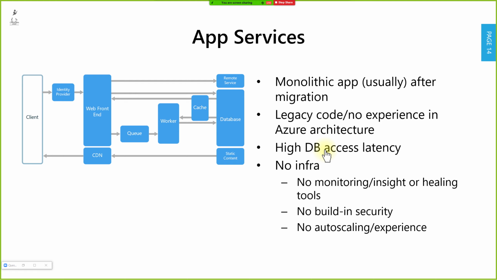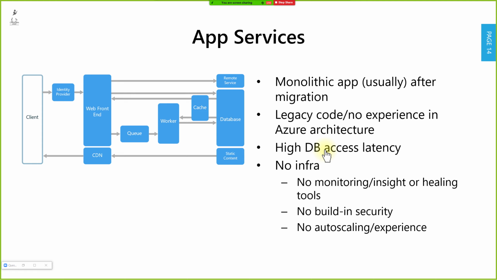Second part, main part, right? It's like application services. When you migrate application services from on-premise or from another platform to Azure, it's usually a monolithic application with legacy code, with no experience of the team on how to work on it, again with high DB access latency because the application works over the public endpoint of the connectivity.